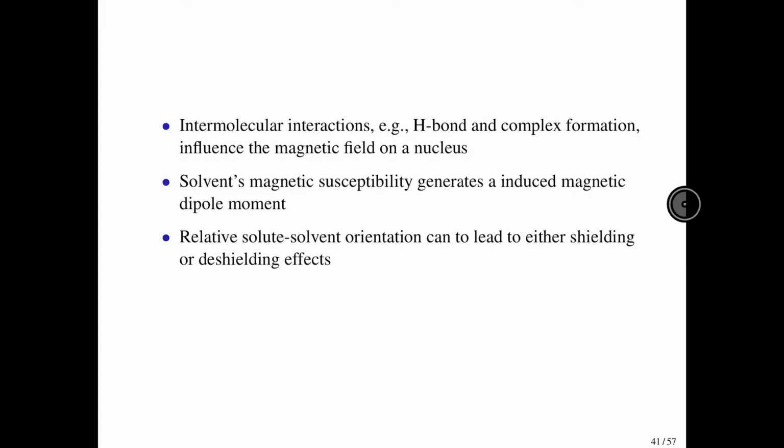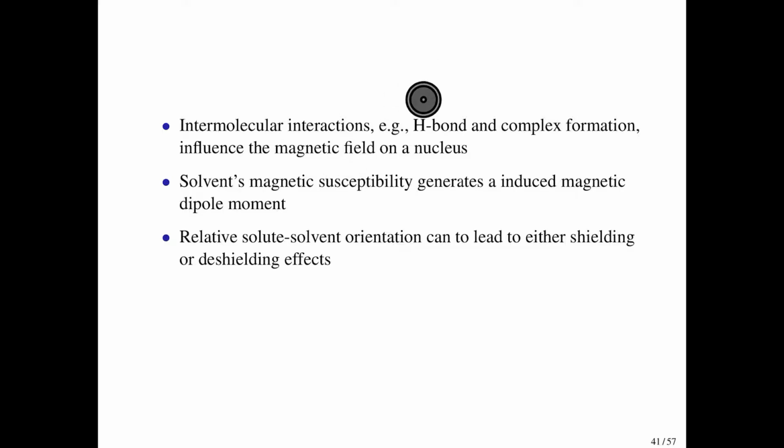The last contribution that we'll just talk about briefly is the contribution due to the solvent. Typically your NMR sample is in a solvent, and depending upon the intermolecular interactions between your molecule of interest and the solvent, you may find that the solvent can influence the magnetic fields on the nucleus that you're interested in.